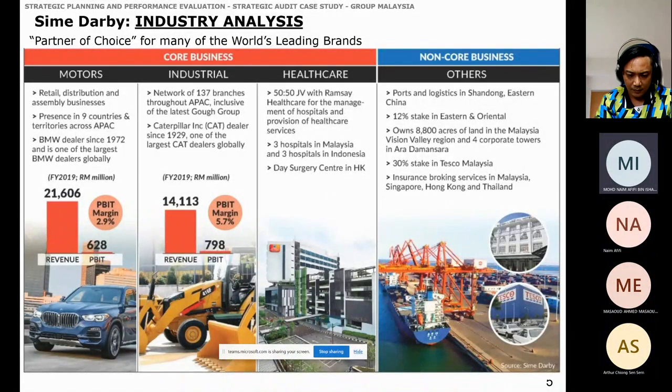Now they have 3 hospitals in Malaysia, 3 hospitals in Indonesia, and also in Hong Kong. And then the other non-core business includes properties and plantation, and also other types of business.